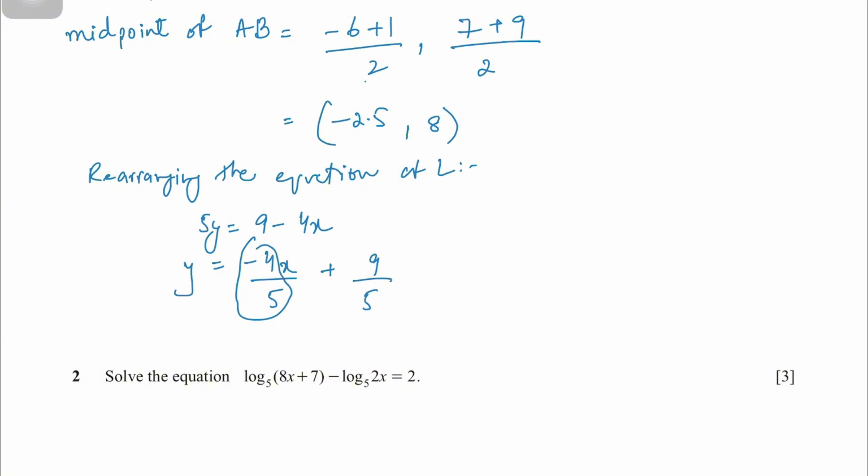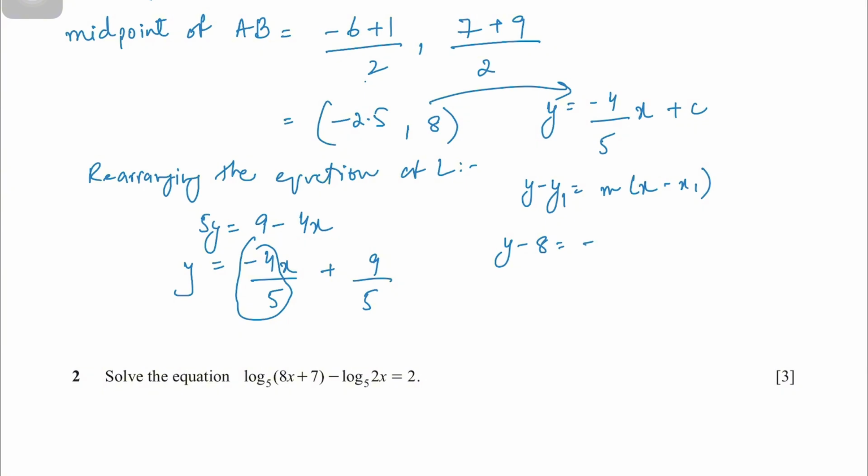So let's write down the equation. Our equation would be y equals negative 4 over 5 x plus c. We can plug in these values, or we can simply use the y minus y1 equals m into x minus x1 formula. So this would be y minus 8 equals negative 4 over 5 times x minus negative 2.5, which will be positive 2.5.